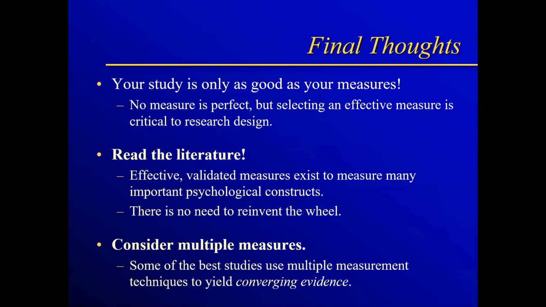Let's say I was doing a smoking cessation study, so I wanted to see if I could get people to stop smoking. I could ask people how many cigarettes they're smoking and see over the course of a week after incorporating some program if they're reducing how much they smoke. I could also do physiological tests and test the nicotine levels in their body to see if they are actually decreasing smoking.